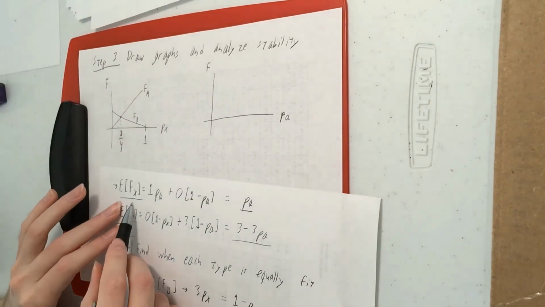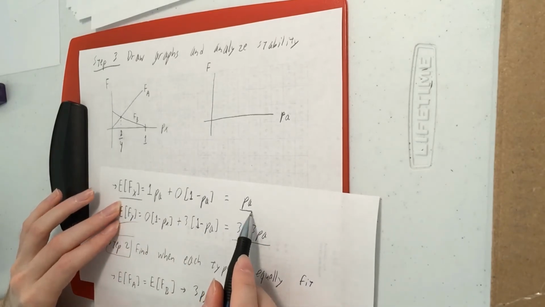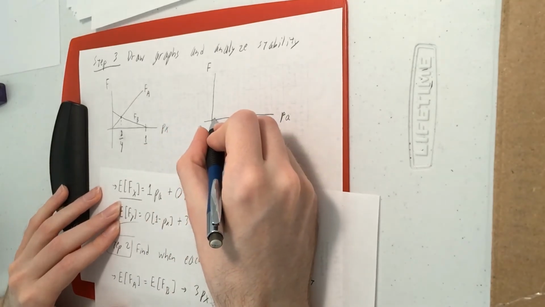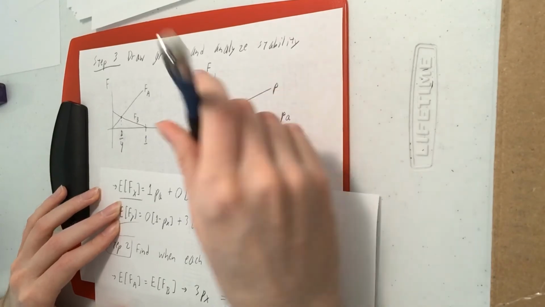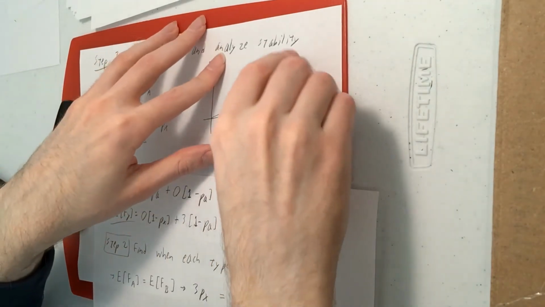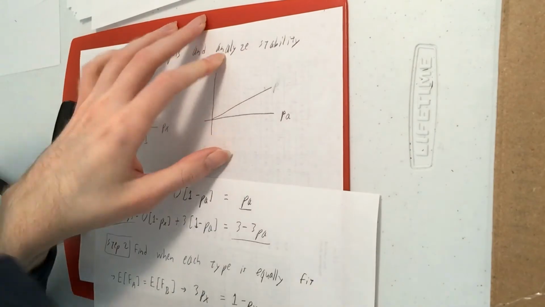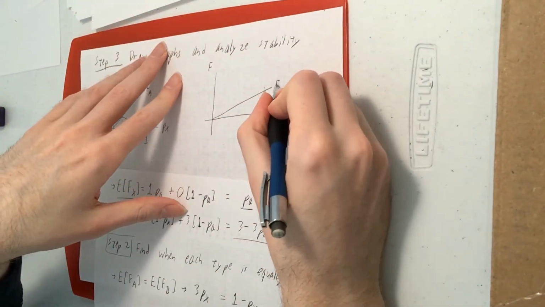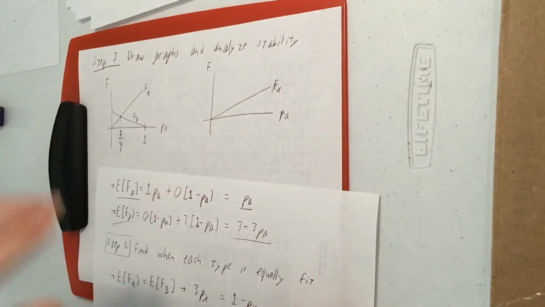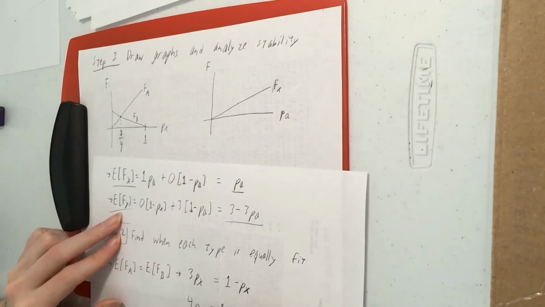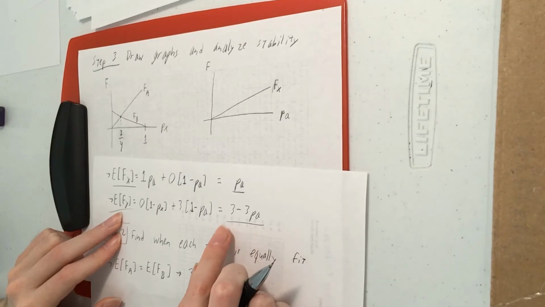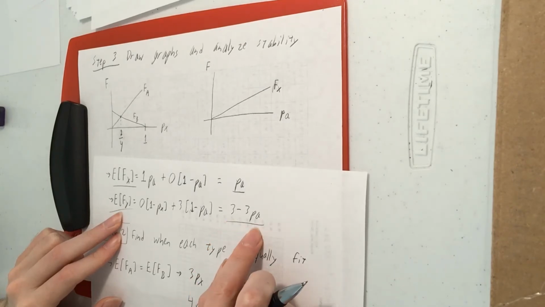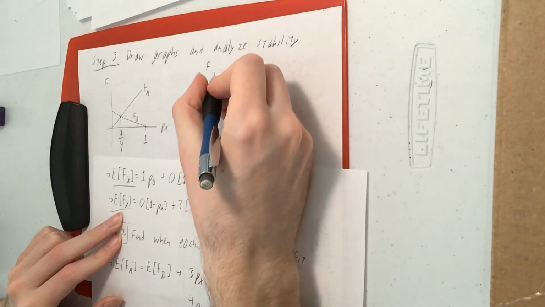We said the x types have fitness level of PA, so that's going to be intercept of 0 and slope of +1. We said the y types have fitness level of 3 minus 3 PA, intercept is 3, slope is -3.